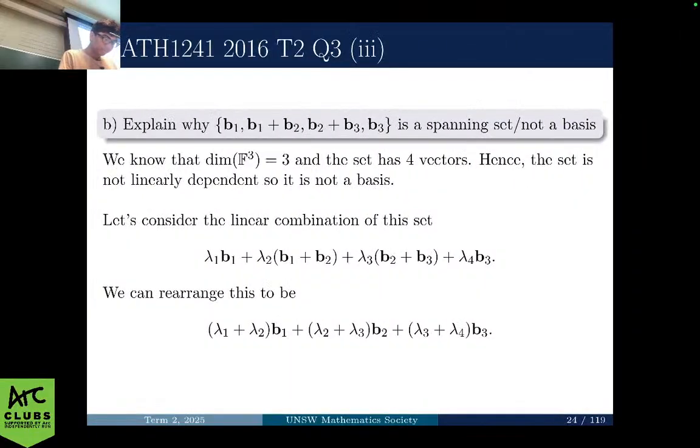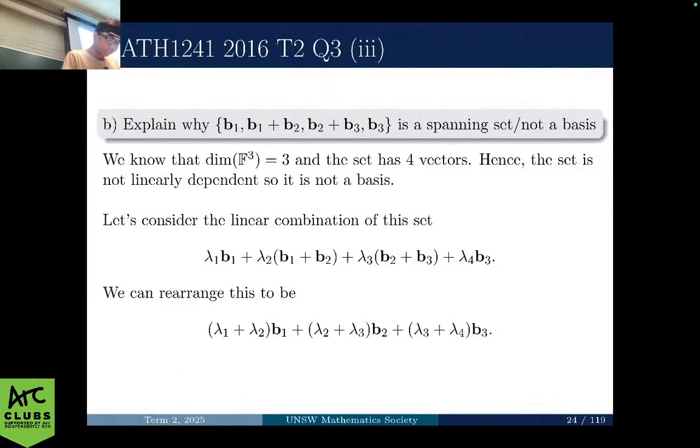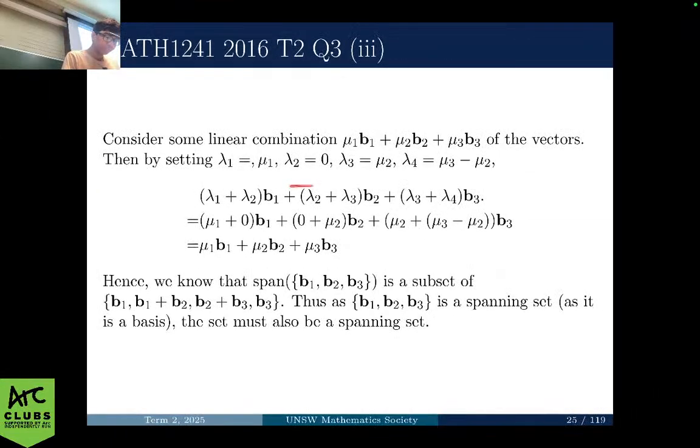Oops, sorry. So I take this, and I want to get to some linear combination. I know if this equals 0, then the only solution is when mu1, mu2, mu3 are all equal to 0. And so I want to try and get this one into this form.